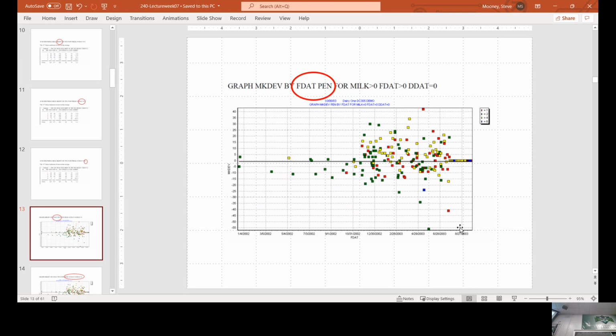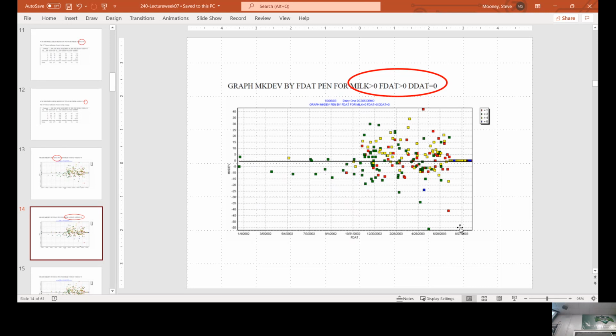And then within each group, we've got a different color for each group. So putting that fresh date and pen after the by gives us two different dimensions. We've got the fresh date running across the bottom, and then we've got the different colors representing the pens, their animals in there.